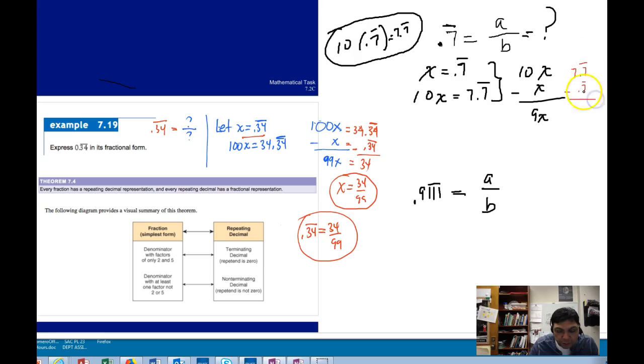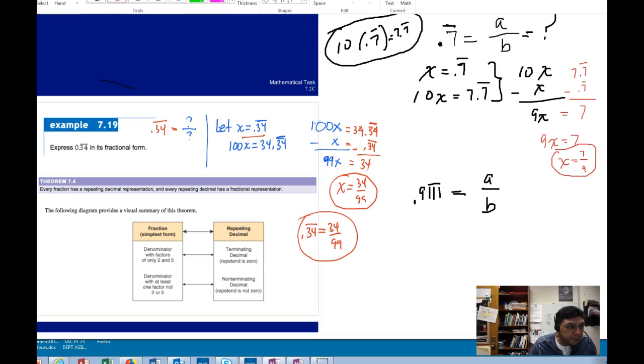And so when we subtract those two, 7.7 forever and 0.7 forever, you just end up with 7. So we can say 9x equals 7. And so, we solve for x, and you get x equals 7 over 9.